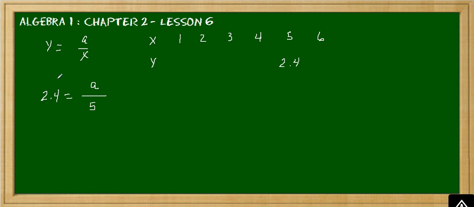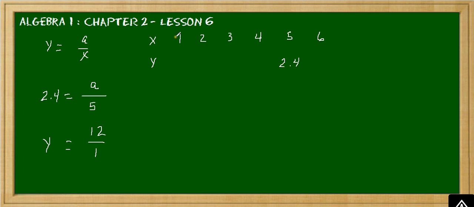We're trying to find the y value, and if we know what a is, and y is equal to a over x, and a we know is 12, now we can substitute any of the x values below to find the y value. In the first one, I have an x value of 1.